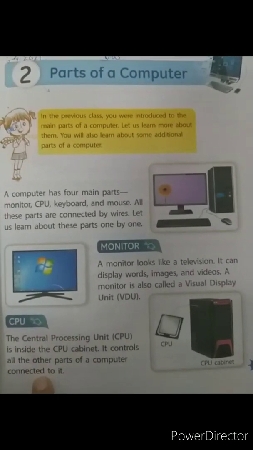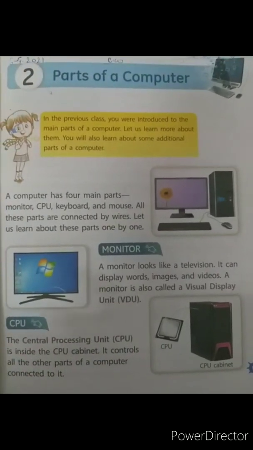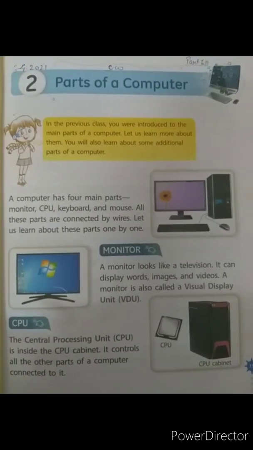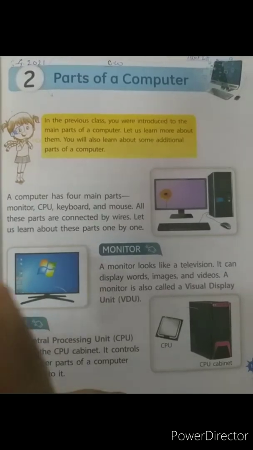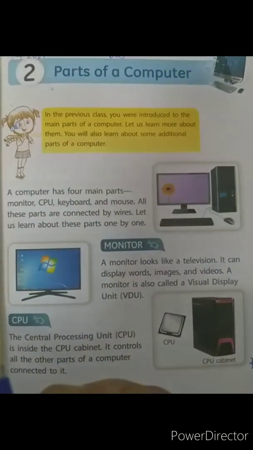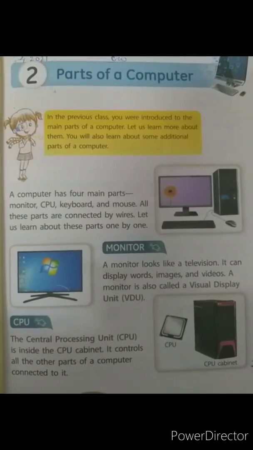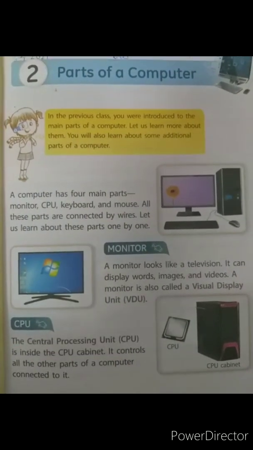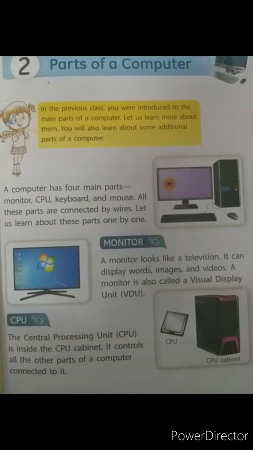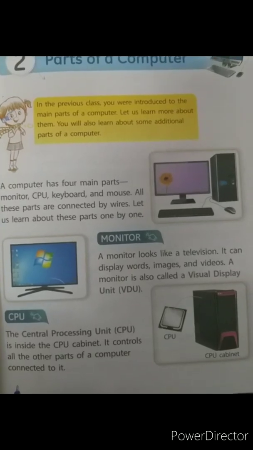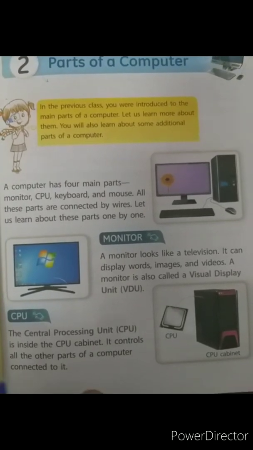Parts of a computer. I hope you know that there are 4 main parts of a computer: monitor, CPU, keyboard and mouse. There are 4 main parts of a computer. So let us start and we will discuss one by one.